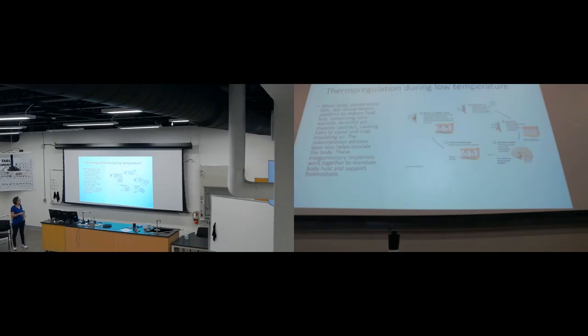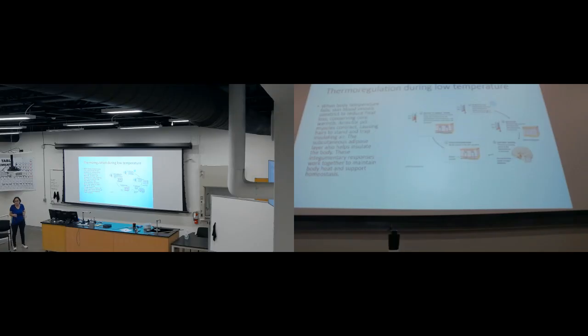In lower temperature, if the temperature in your body drops below 36.1 Celsius or 97 Fahrenheit, you will send a signal through these sensory receptors that we have in the skin into the thermoregulatory center that is going to activate your sympathetic system so that your blood vessels narrow down, so they vasoconstrict, you have less blood supply to the skin, you don't have any loss of heat through the skin, and as well, you will activate contraction of your skeletal muscles so that you can generate heat.